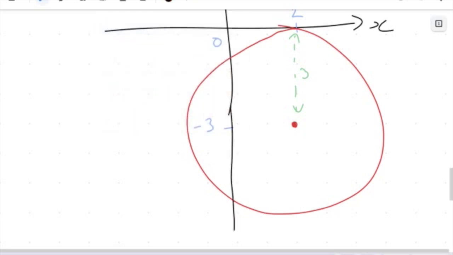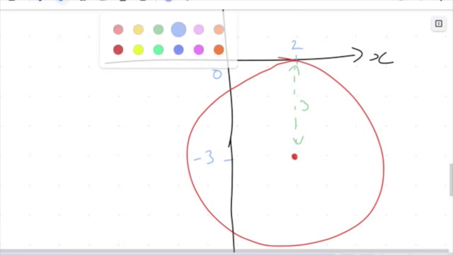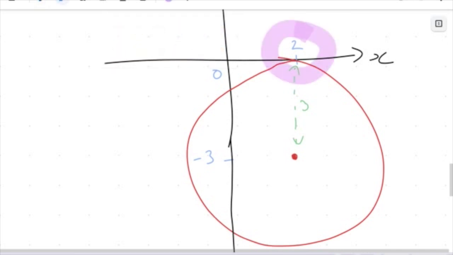Now, we can also find the x-intercept and y-intercept. We can already kind of clearly see the x-intercept is over here because it's just touching the x-axis at the coordinate of 2 in the x direction, and 0 in the y direction. So this coordinate here is the point 2, 0.